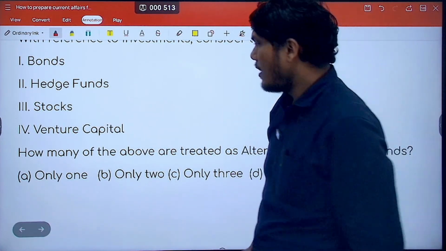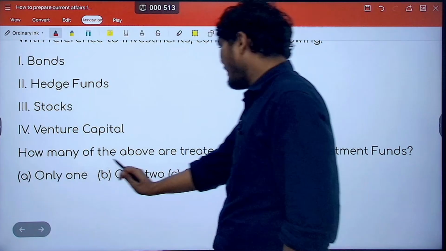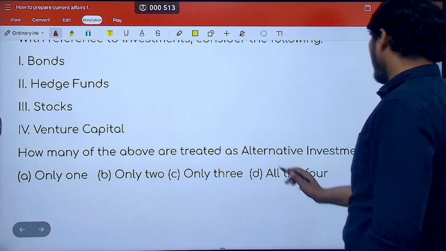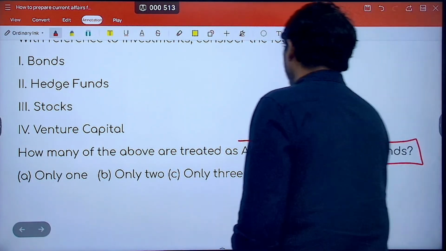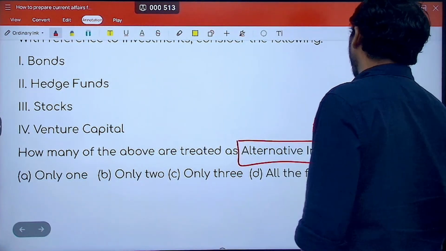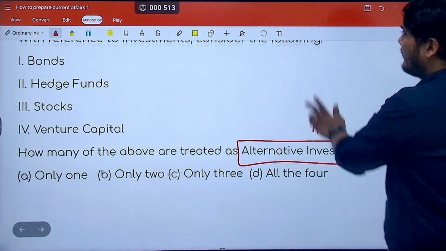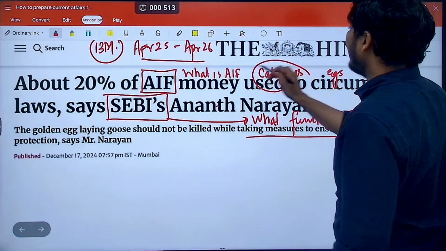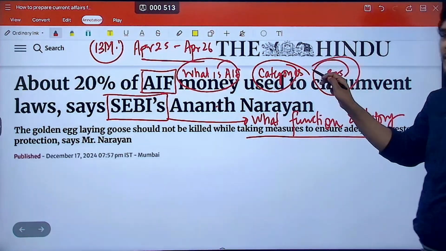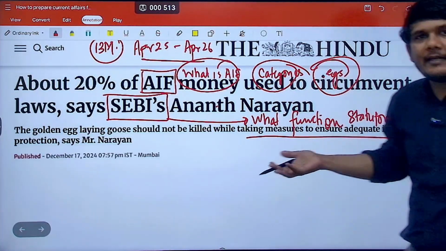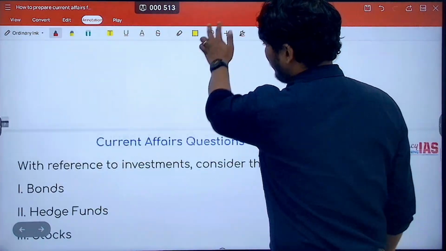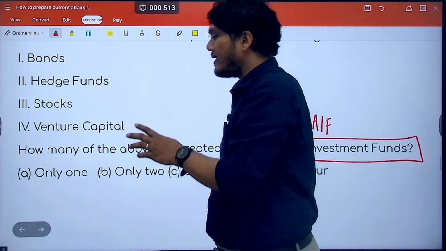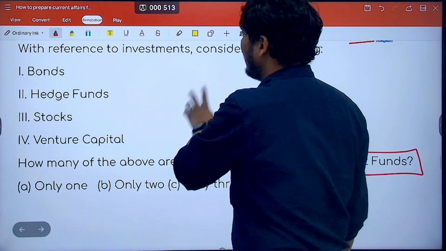The question asks, how many of the above are treated as alternate investment funds? What did we say we should study? What is AIF, what are the categories, and what are the examples. So the question is asked directly based on the examples, and you should be able to answer this easily.